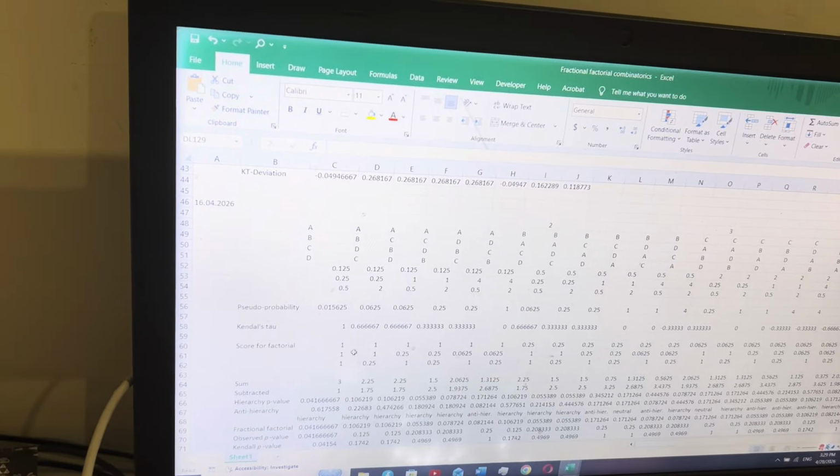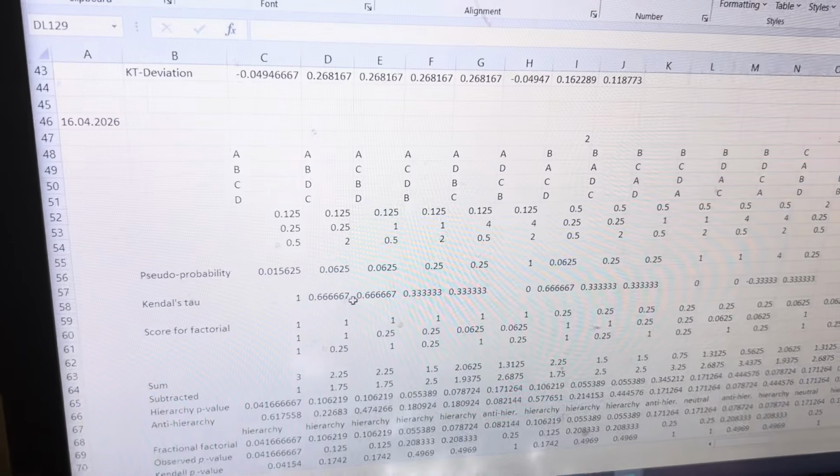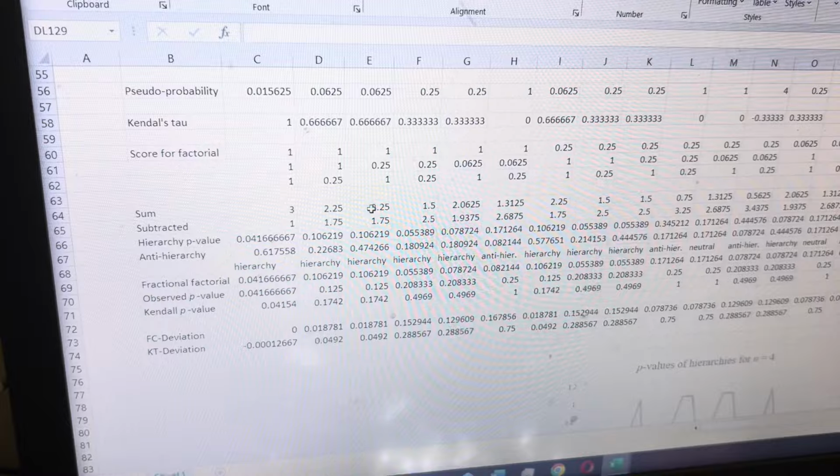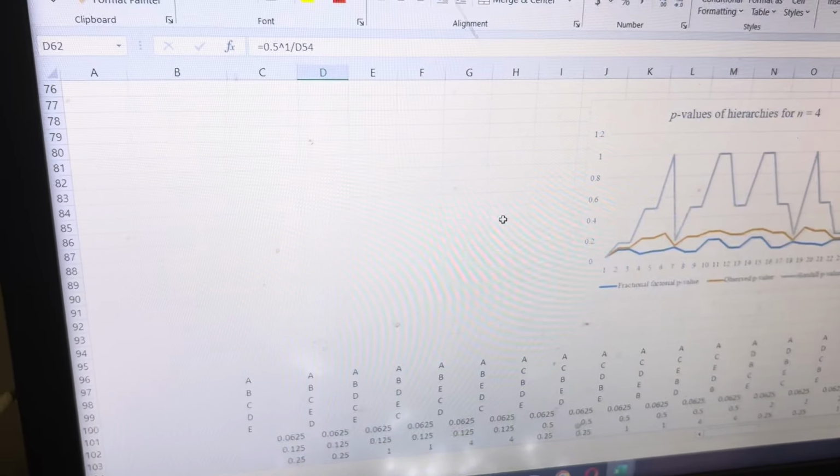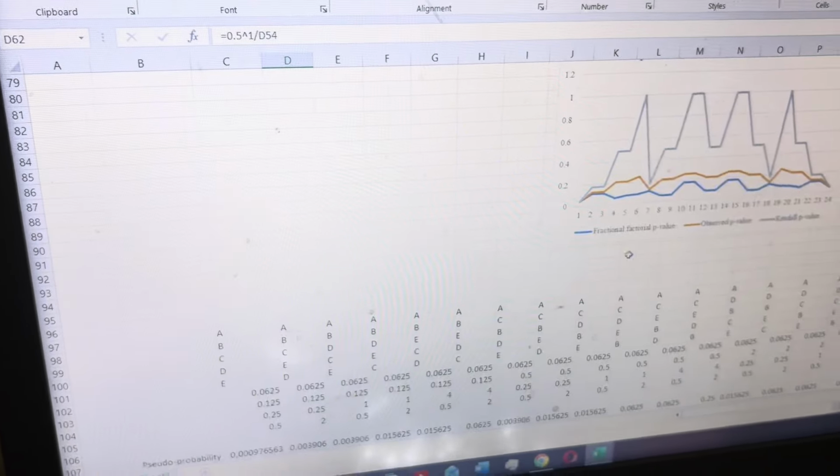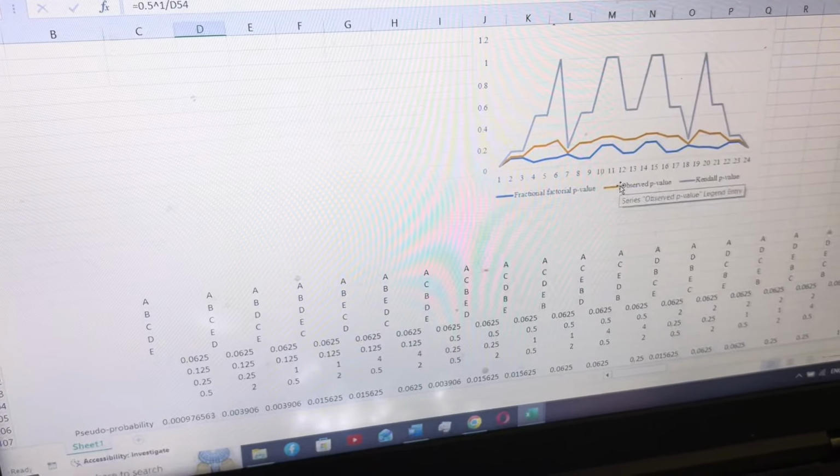So the original scores were sort of like pseudo probabilities, and so sometimes there would be quite small numbers. But it turns out that that's the right approach.